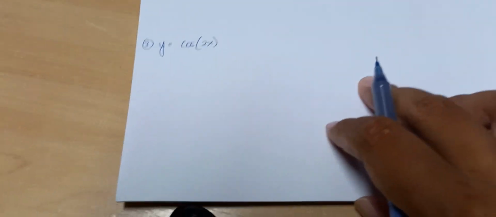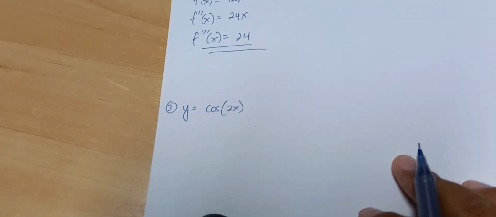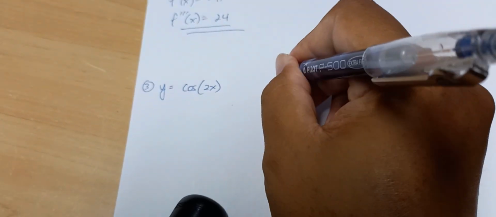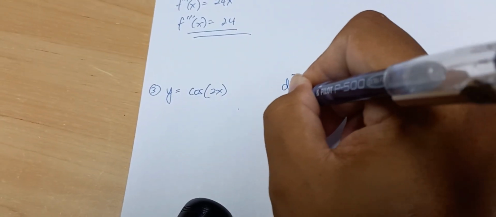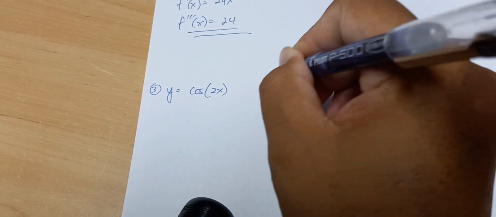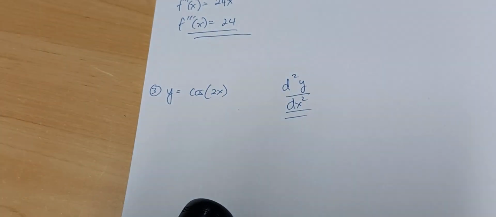So lastly, we're dealing with cos of 2x. Find the second derivative. First derivative, dy/dx.